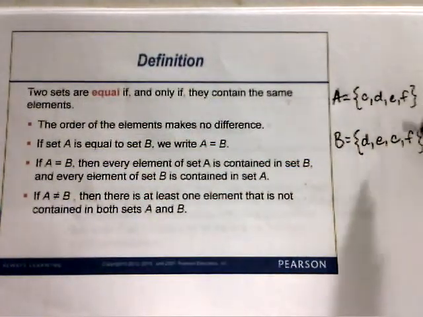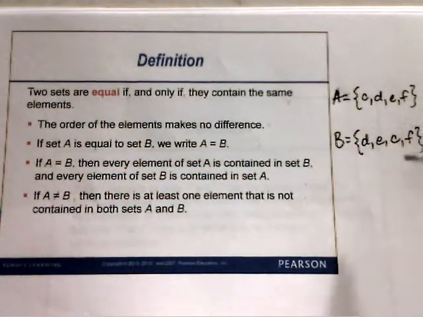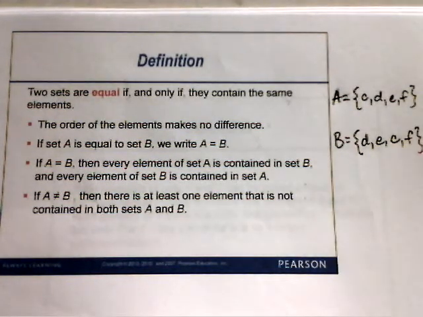However, they're both equal because they have the same elements. That means every element that's in A is contained in set B, and every element in B is contained in A.